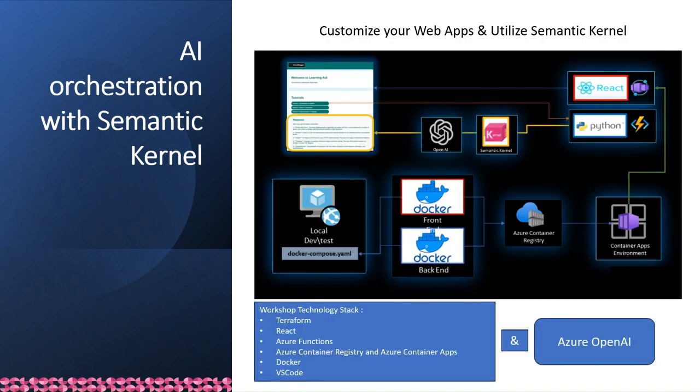Today's architecture is quite similar. We have a React web app that displays a learning aid, for example, a learning aid app that displays some tutorials. Once the user clicks the tutorial link, we have control over the prompt that is sent to OpenAI with the use of a function app written with required plugins for Semantic Kernel, and then the message is returned to our React web app.